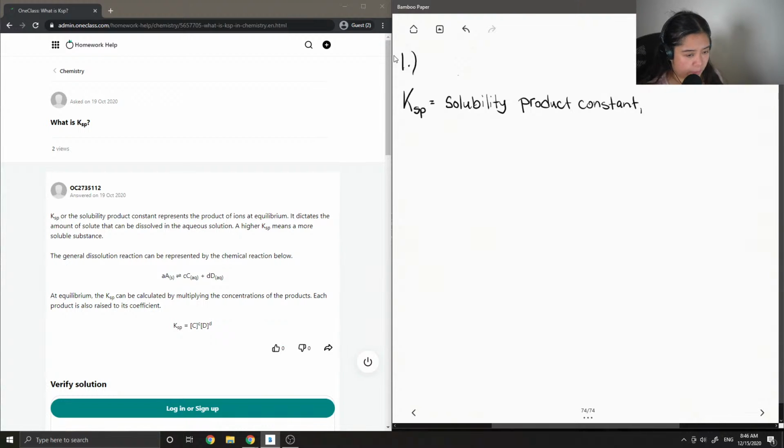So the solubility product constant is the equilibrium constant for a solid substance dissolving in an aqueous solution.